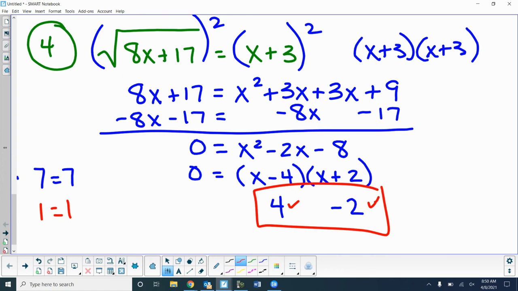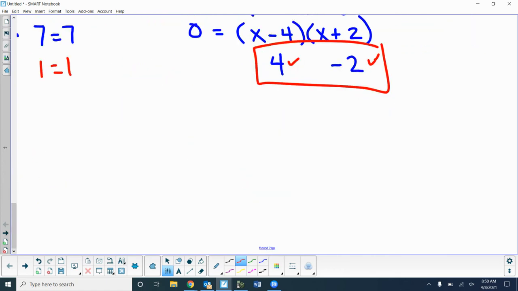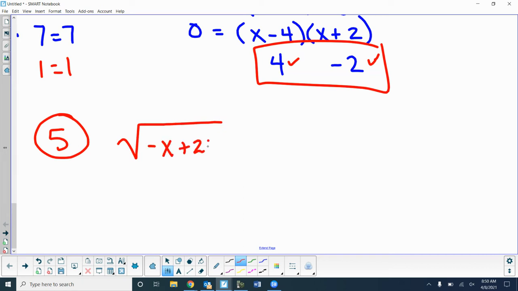All right, 5's just like 4. We can just square both sides right away because the radical is already isolated on the left side here. So we're going to square them.